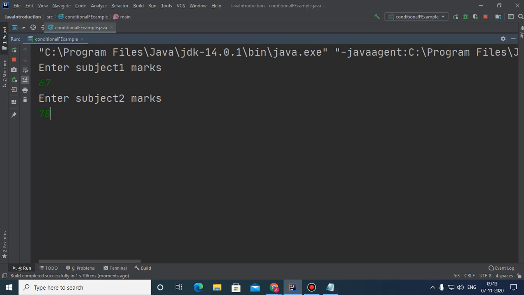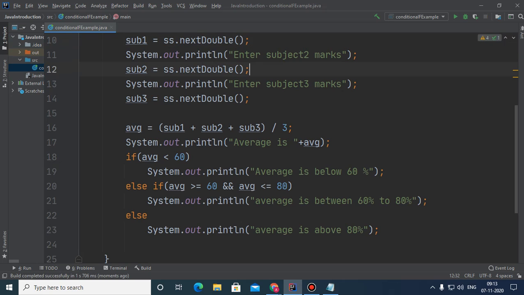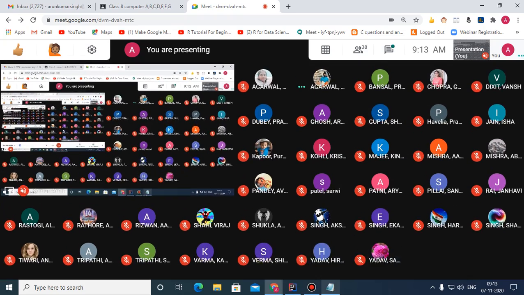Suppose 67, 89 and 99, so average is 81.33, which is above 80%. So children, I hope it's okay. Any doubt, any issue? Okay.